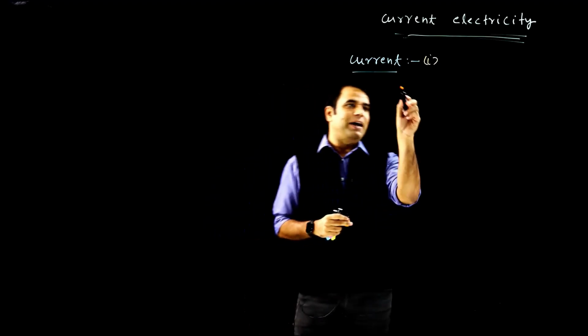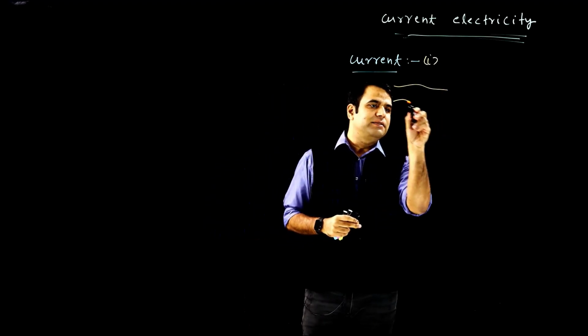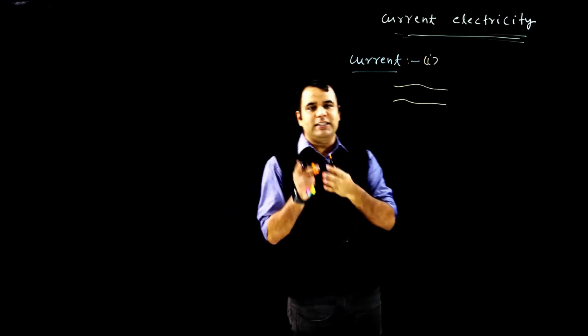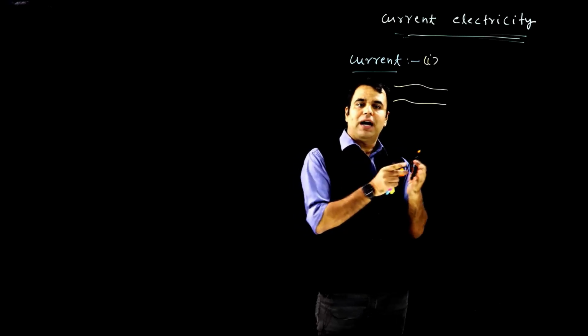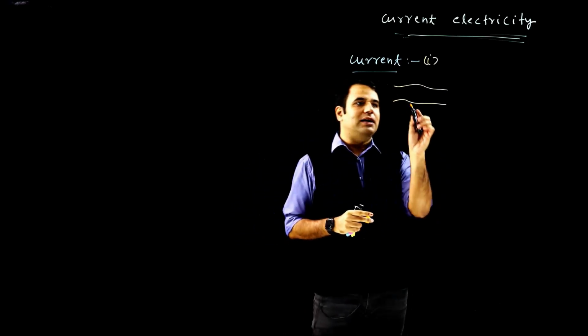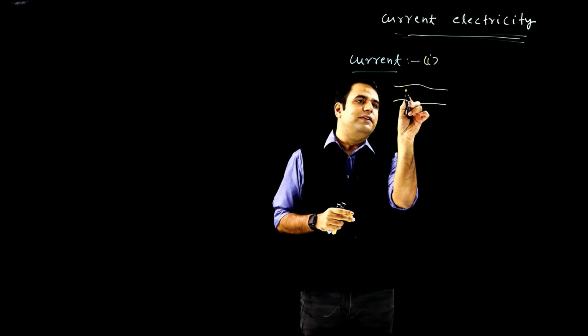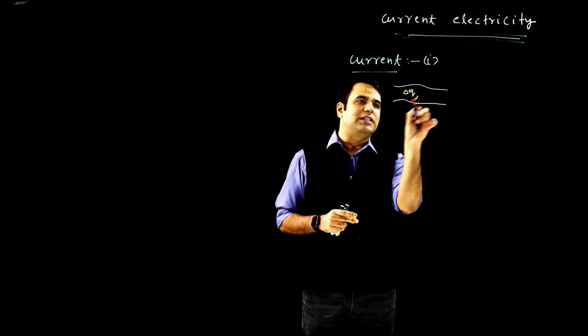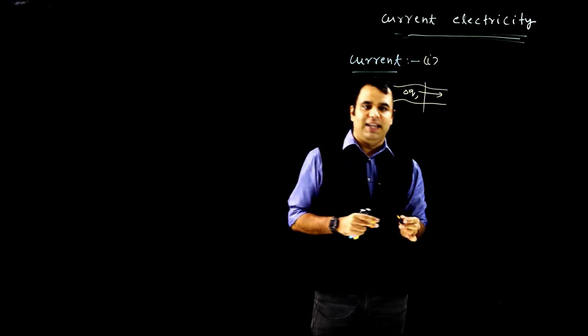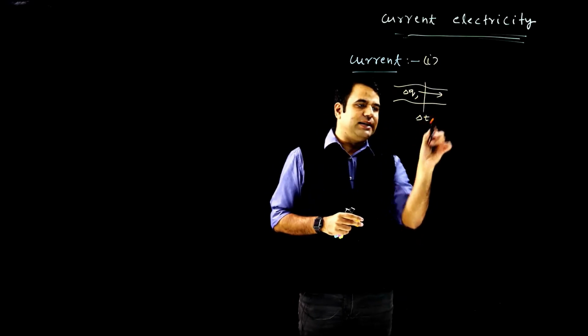So if I'm having any conductor, and this need not be a conductor, because a conductor provides the path to flow. If it is a path, even a hypothetical path, and in that path delta Q charge crosses a cross-section area in delta T time.